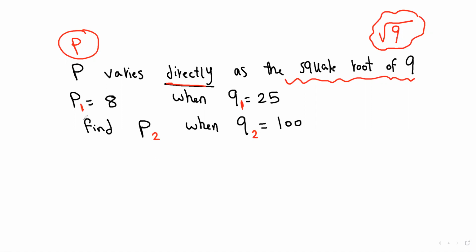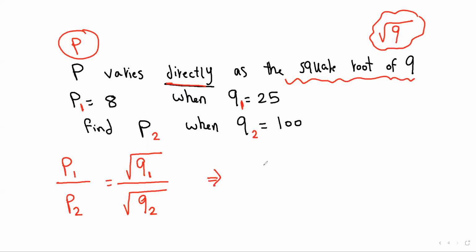Okay. Because it's direct variation, P1 over P2 equals the square root of Q1 over the square root of Q2, as mentioned, P varies directly as the square root of Q. Instead of P1, it's 8 over P2.